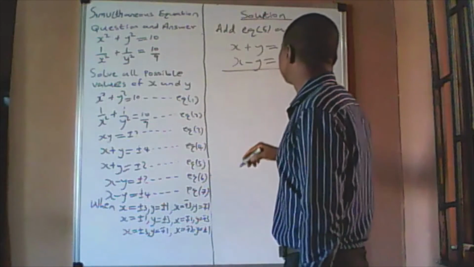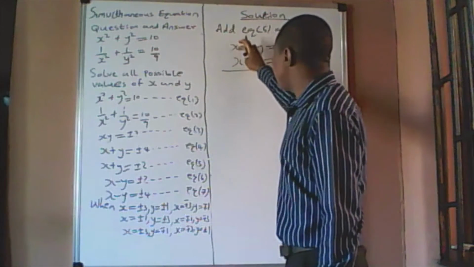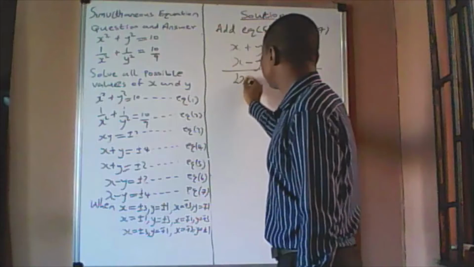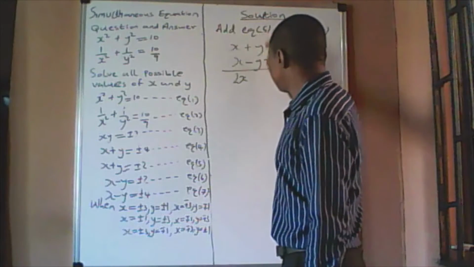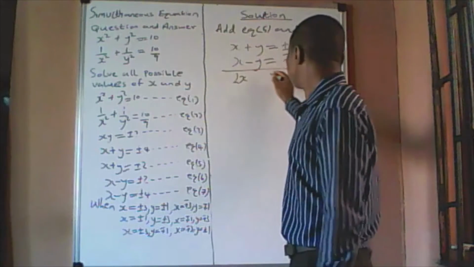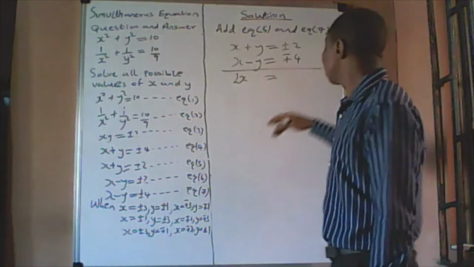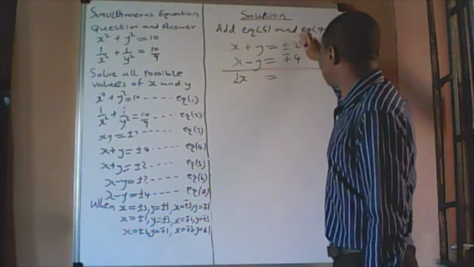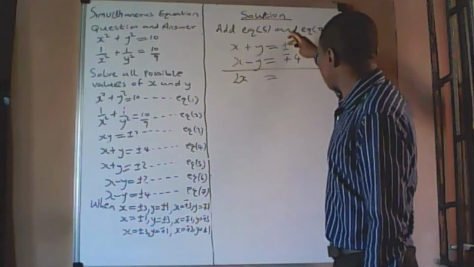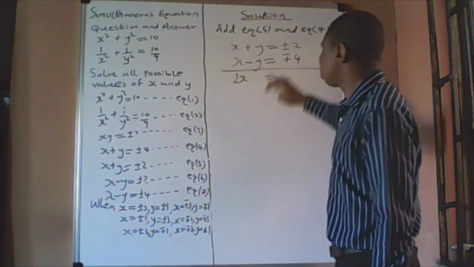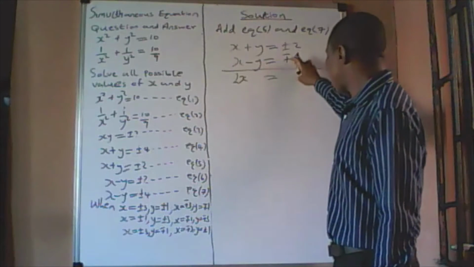We add them. x plus x equal to 2x. This one and this one will cancel each other. It becomes 0 when you add them. Now we have plus 2 plus minus 4, which will give us minus 2.